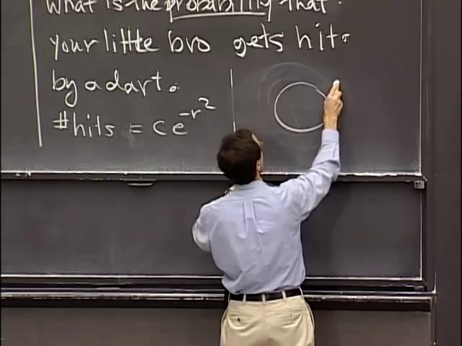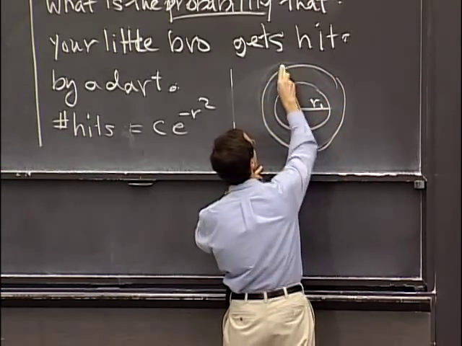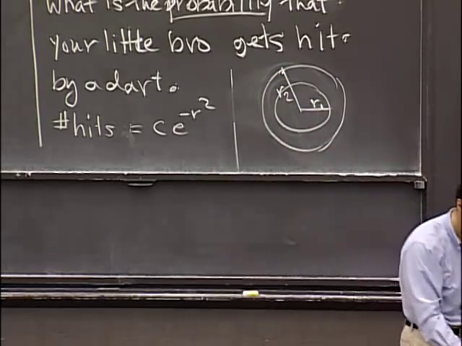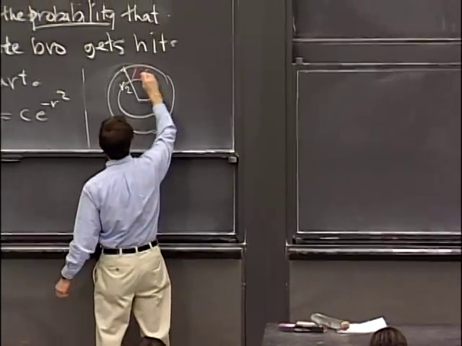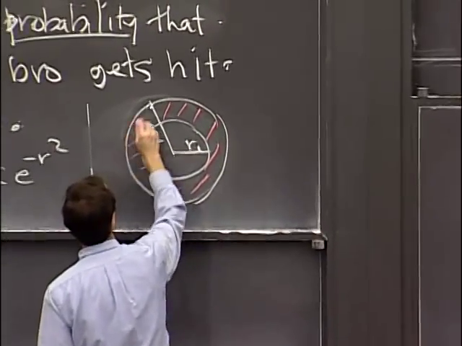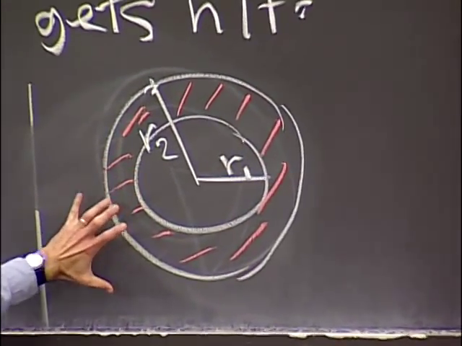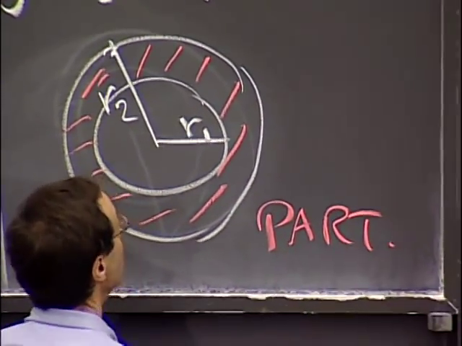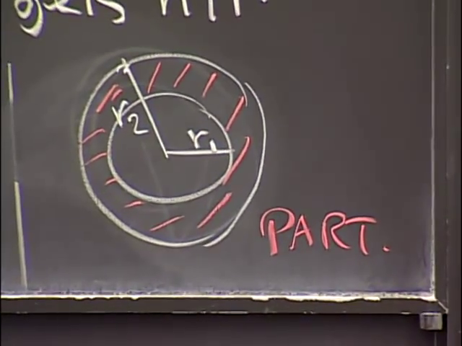Here I have radius r1, and here I have radius r2. The region in between is what we're going to try to keep track of. This is what I'm calling the part to start out with, and then we'll take a section of it to get the place where the person is standing.